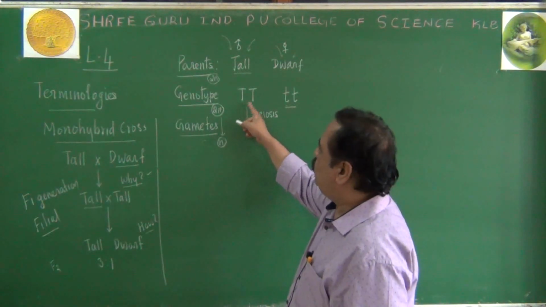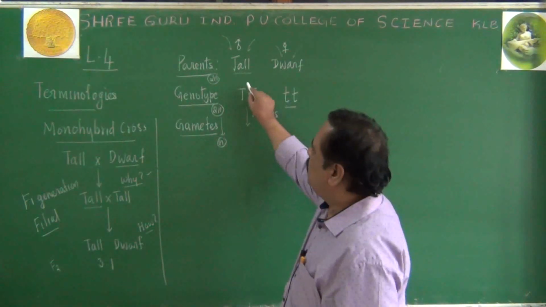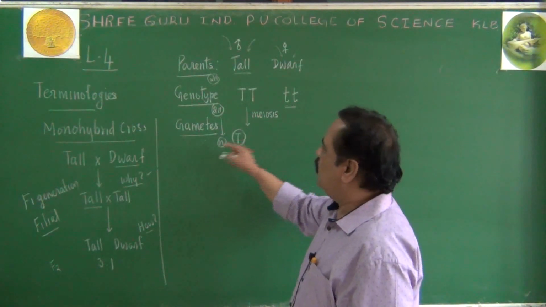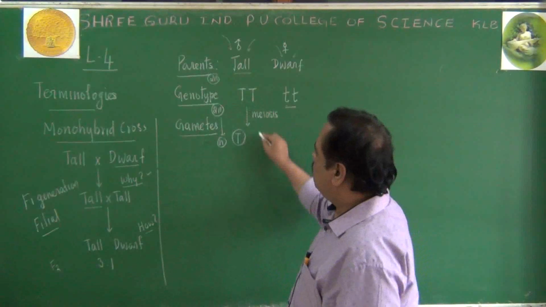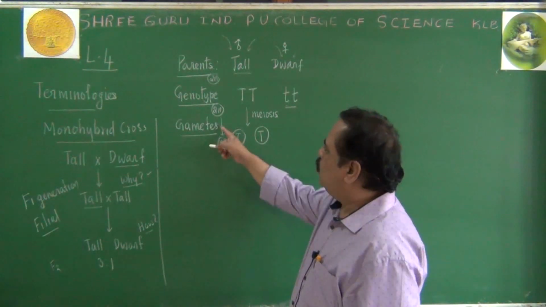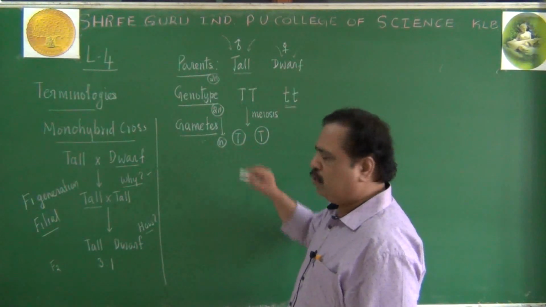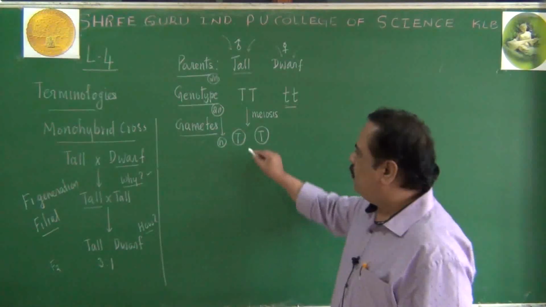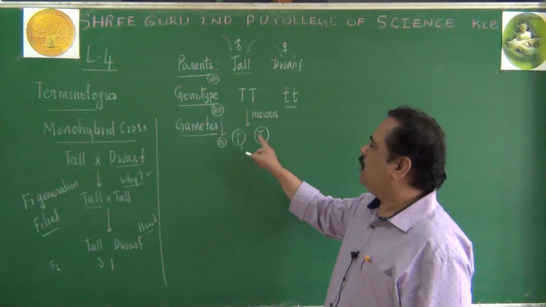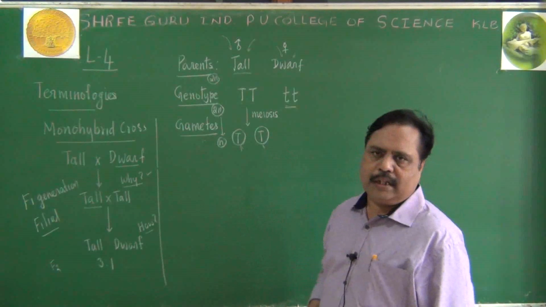Now, out of two capital T's, due to meiosis, the reduction division, one capital T will go to one of the gametes and another capital T will go to another gamete. So two antherozoids are produced. For example, when the antherozoids are produced, they will have capital T on one side and another capital T here.